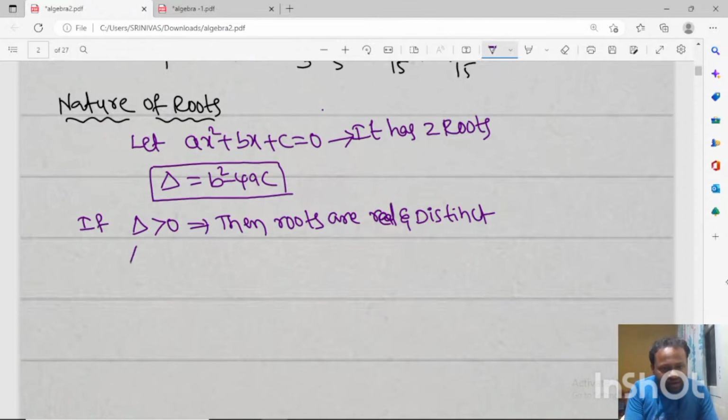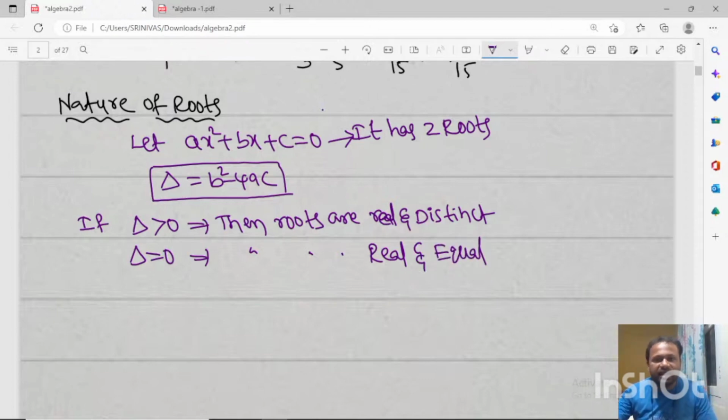If delta is equal to 0, then roots are real and equal. Whenever delta is less than 0, then roots are imaginary.